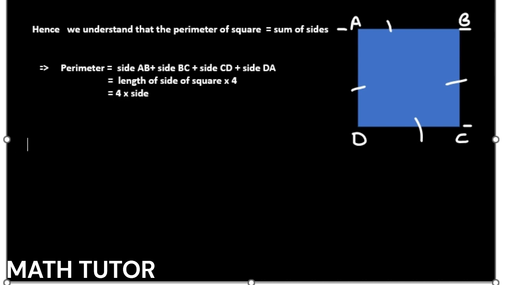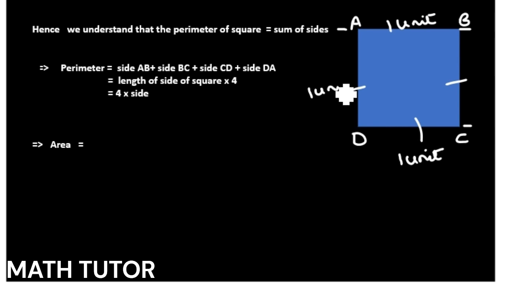Now coming to the area of the square, let us consider that the length of side AB is 1 unit, the length of side BC is 1 unit, the length of side CD is 1 unit, and the length of side AD is 1 unit. Now, how are we going to calculate the area?